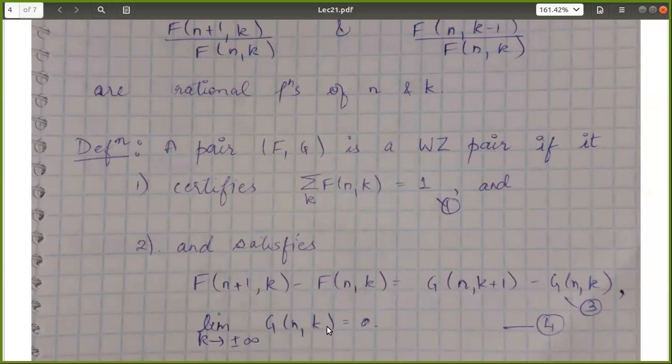So clearly, if some pair is a WZ pair for some given equation, then this particular F, G proves that identity, right? Certifying this automatically means that.